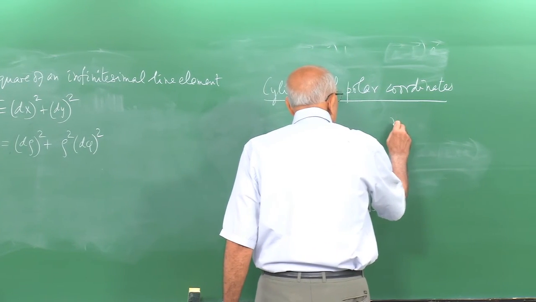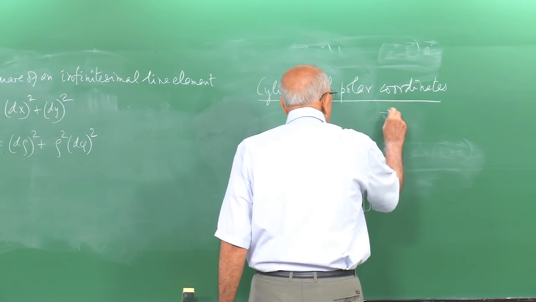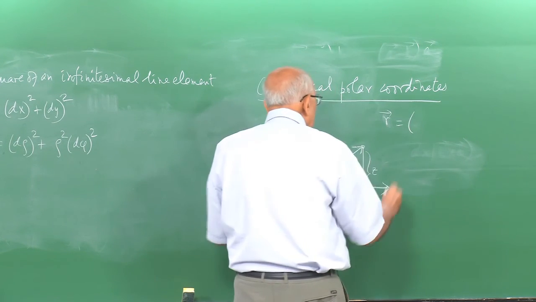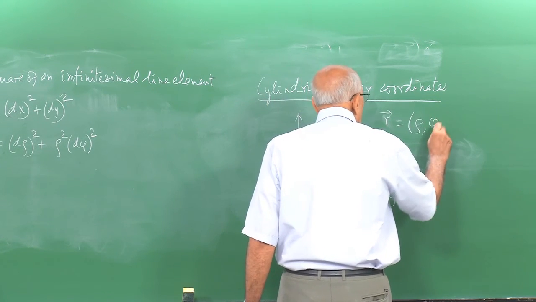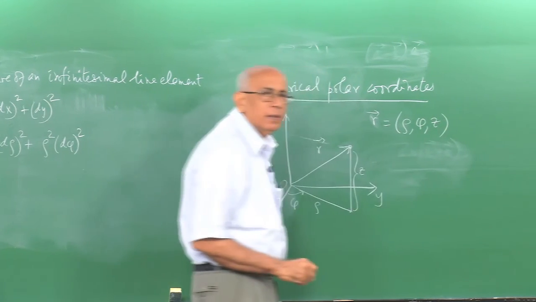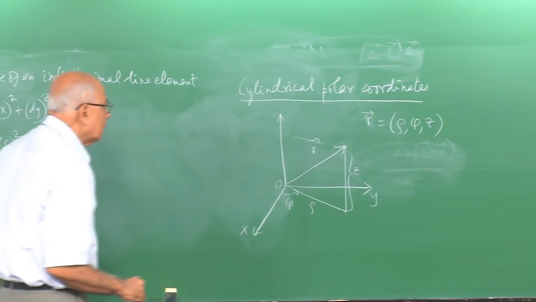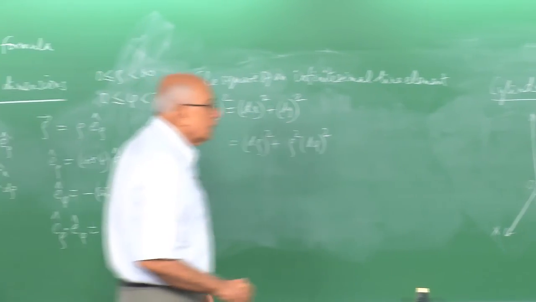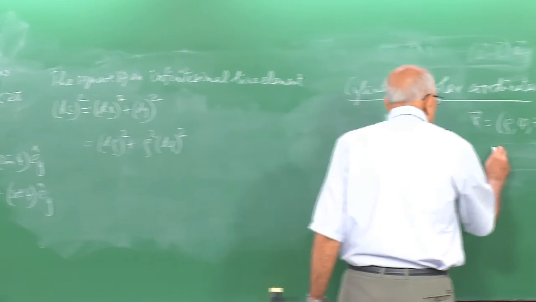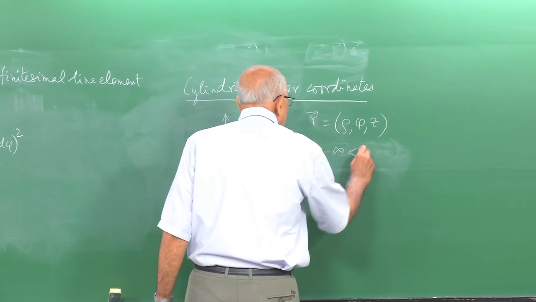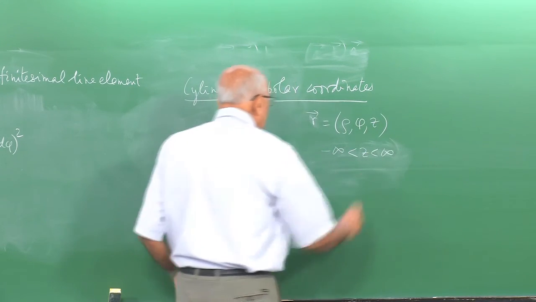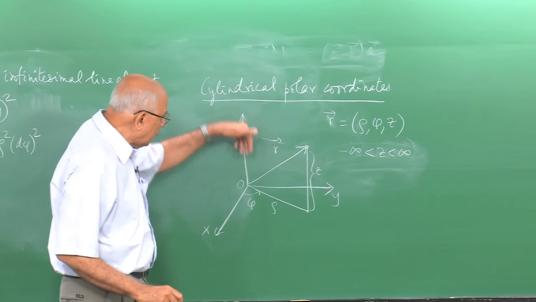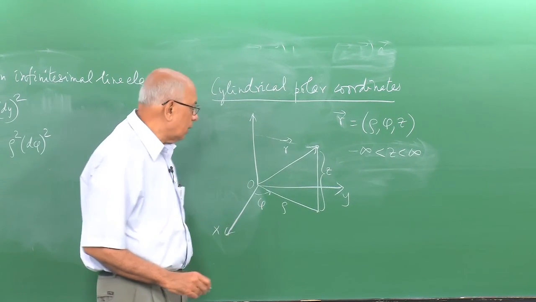So the position vector of any point is described in cylindrical coordinates by rho, phi and z, this triad of quantities. The ranges of rho and phi are exactly as over here, and minus infinity less than z less than infinity. Z positive is above the xy plane, z negative is below the xy plane.